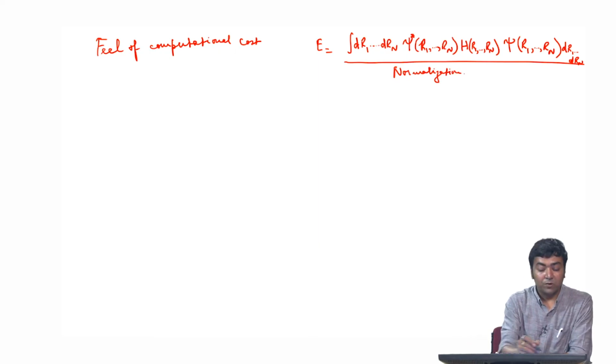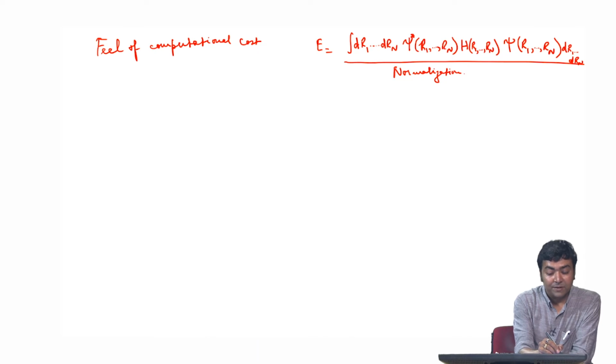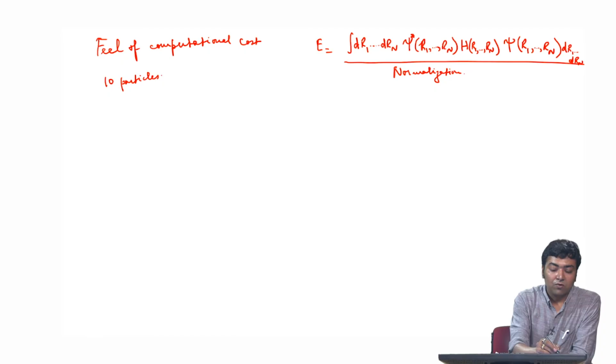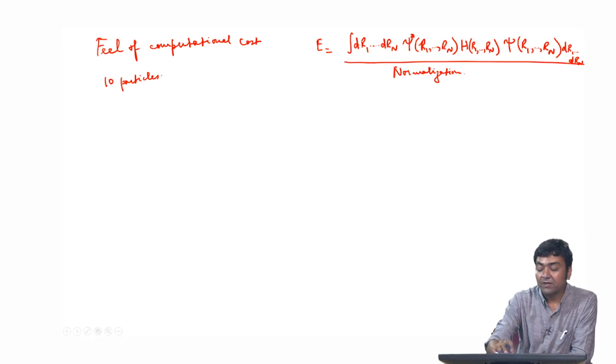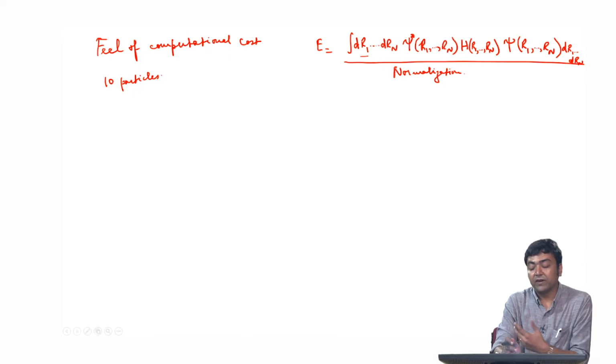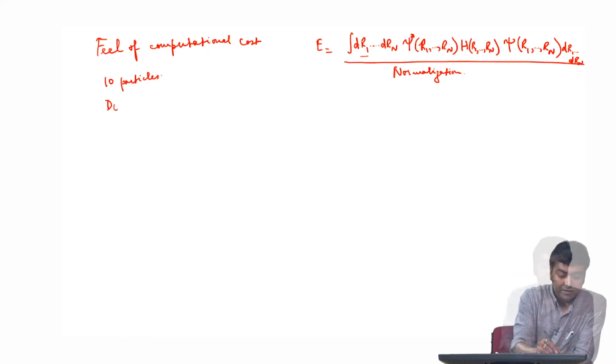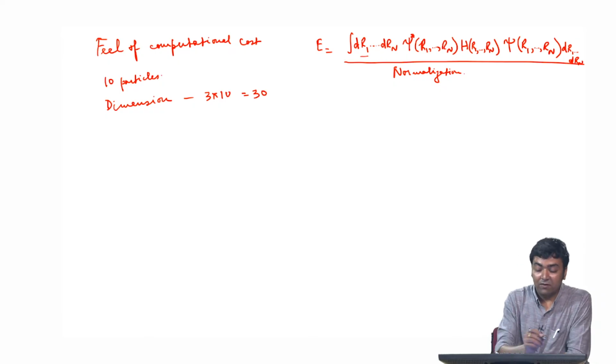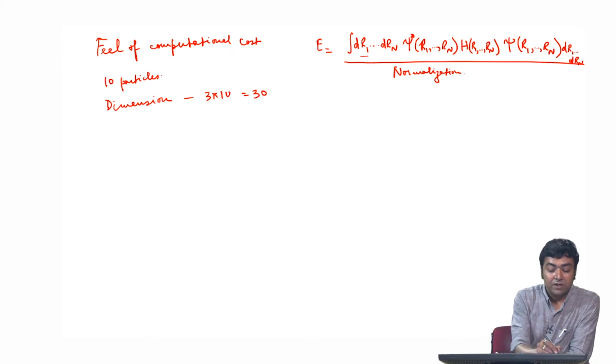Okay. So, suppose we have a system with 10 particles, and we want to evaluate the integral for this. The r's here are the position vectors. Each vector has 3 directions, so the dimension of this integral will be 3 into 10 equals 30. Now, suppose along each direction I use 10 grid points.